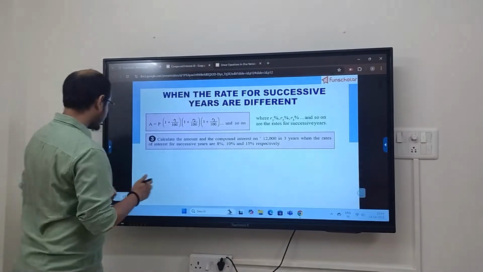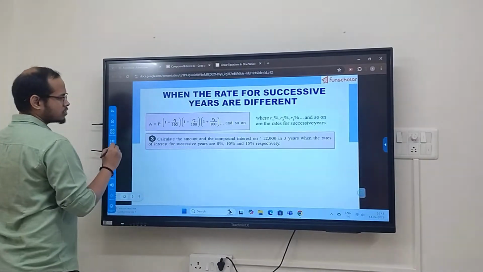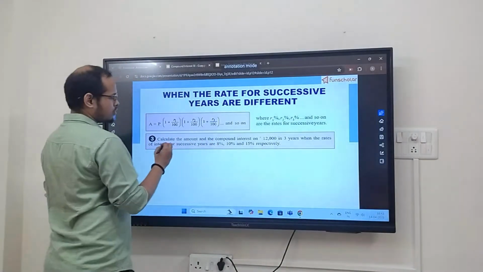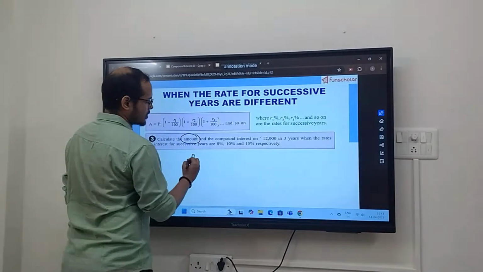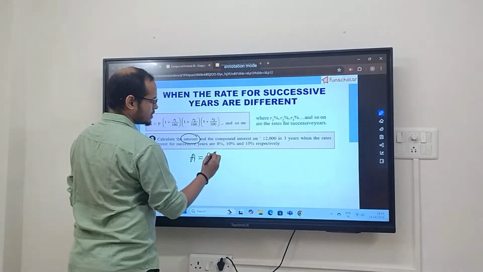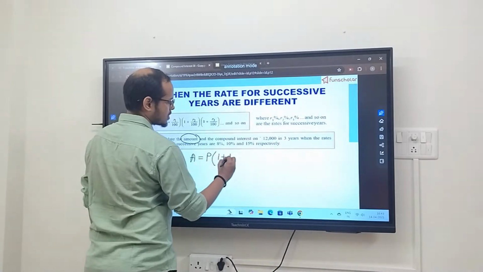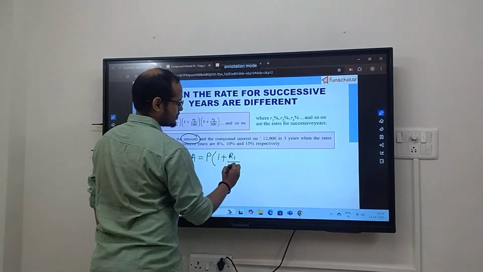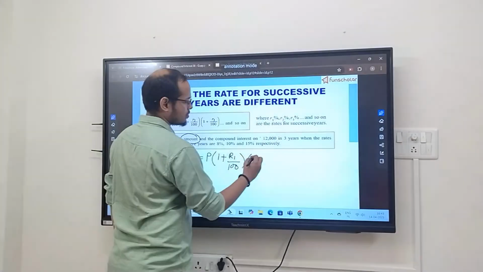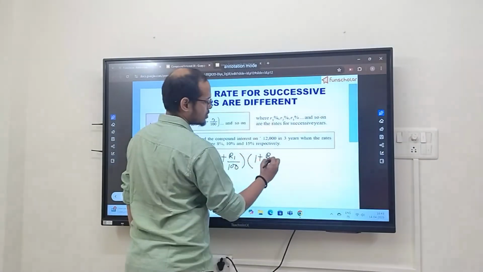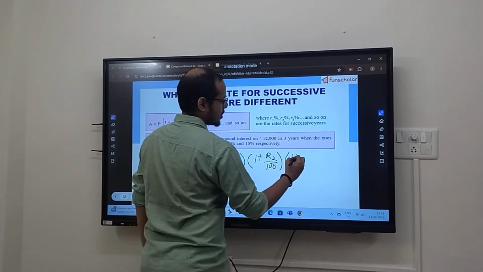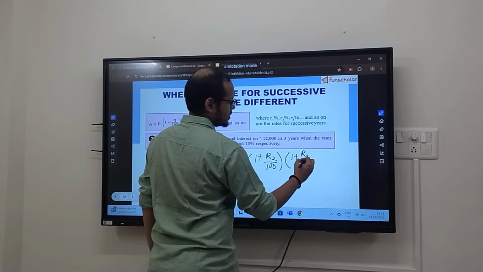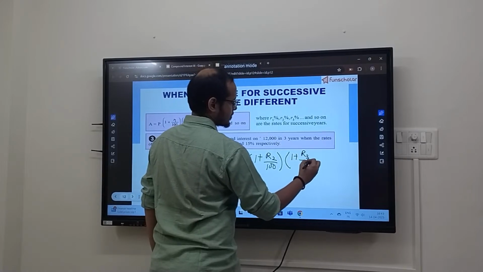Okay, let's solve it. I'm going to find the amount first. The formula we already know: amount is equal to principal into (1 plus R1 by 100) into (1 plus R2 by 100) into (1 plus R3 by 100).